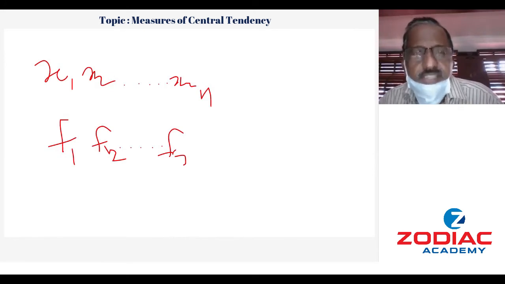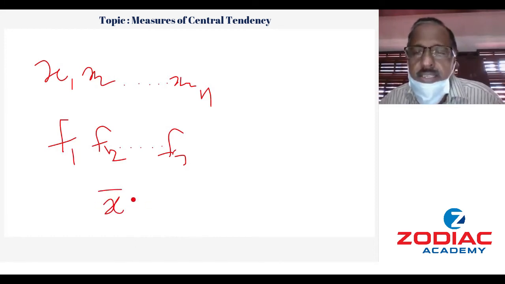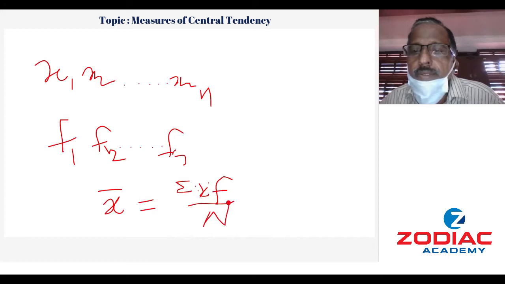It is defined as x bar is equal to sigma xf divided by capital N. This is the formula.